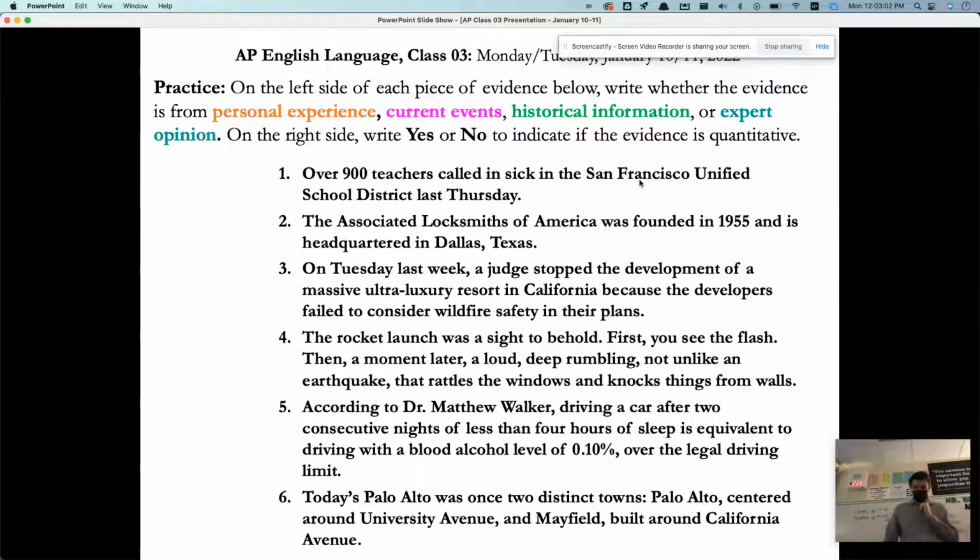Quantitative. Yes. Wait, the last one, yeah. I said no for the last two.